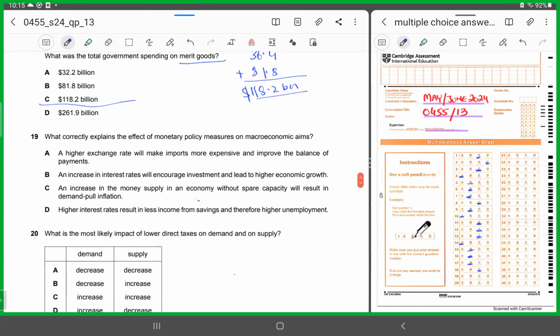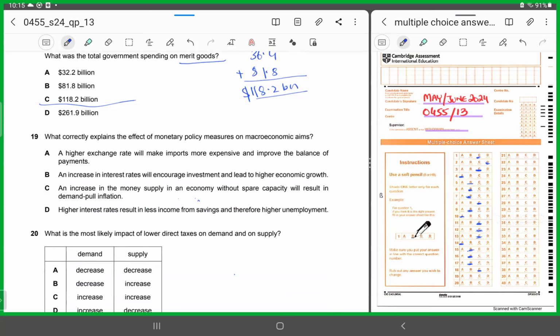Number 19 says, what correctly explains the effect of monetary policy measures on macroeconomic aims, right? So now they are looking at how monetary policy is creating an impact on macroeconomic goals.